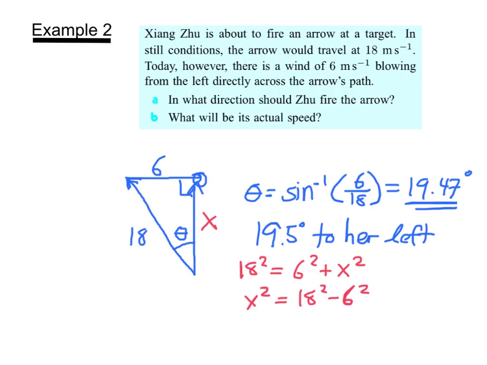Do a little bit of calculating. Square root both sides here. And I get x is equal to about 17 meters per second. And so this is my actual velocity. We need to be really careful here because a lot of errors occur because people add these two numbers together. When you're given the hypotenuse and one of the sides, we need to use subtraction.